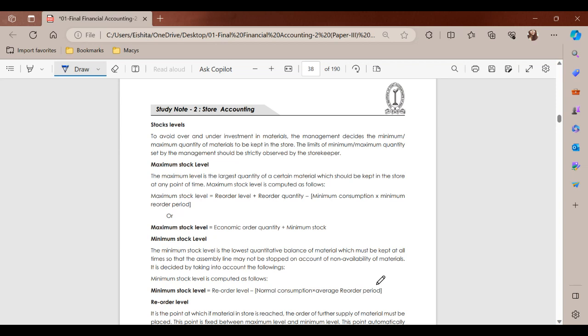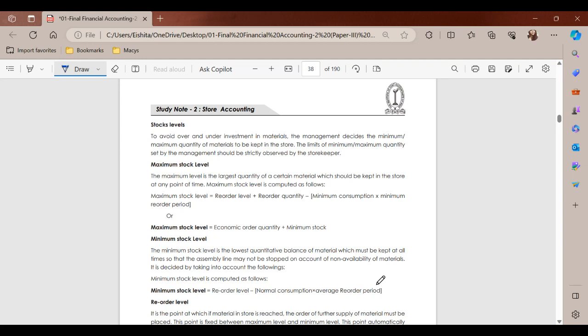So in the stock there are two costs involved. One is called ordering cost and one is called carrying cost. So if you hold the stock for a larger period of time, that means you overstock, you will have the carrying cost. There will be a cost of carrying the stock.